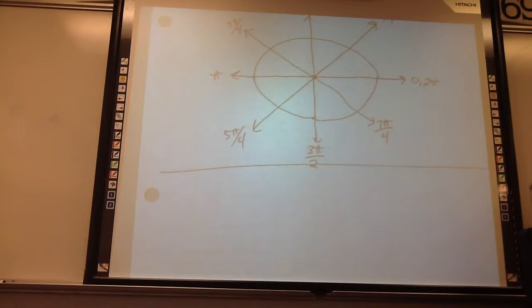Remember complementary and supplementary angles in geometry? They add to 90 degrees.